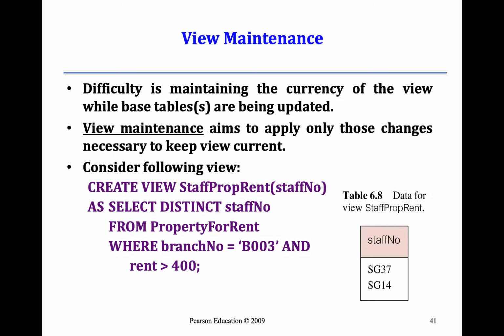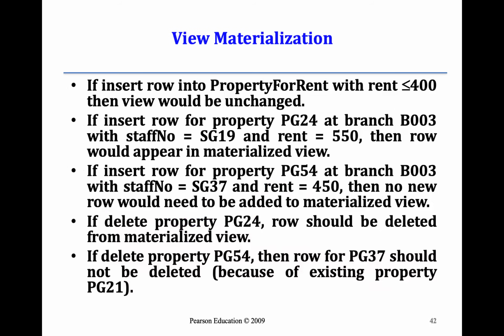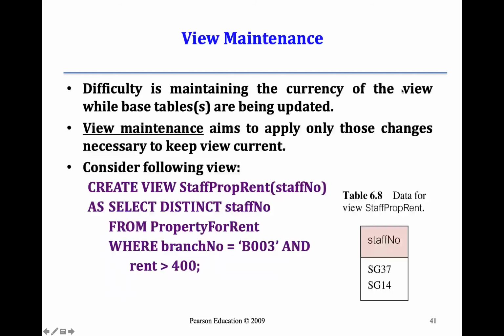Okay, here are some possible scenarios. We insert a row into property for rent, and the rent is less than or equal to 400. That's not going to have any effect on this relation because we only care about rents greater than 400. So that's an easy case.